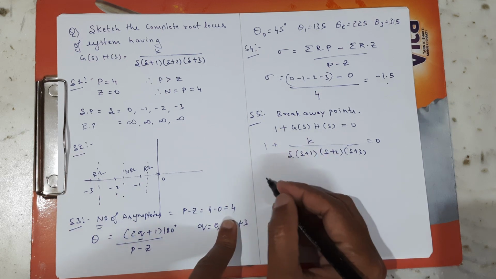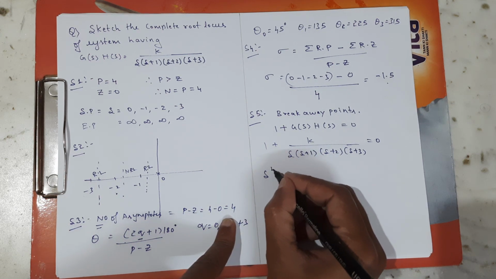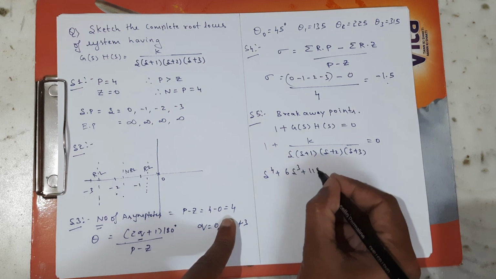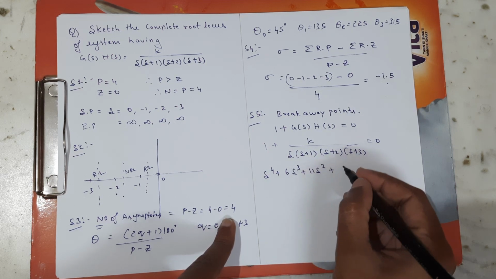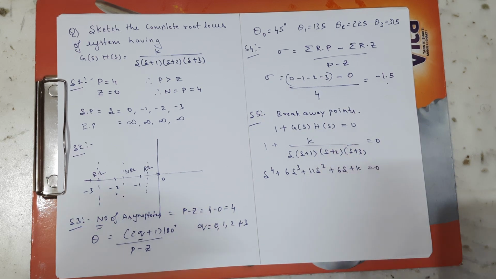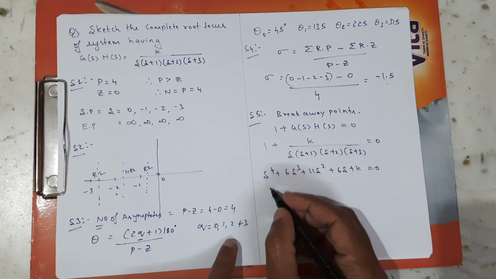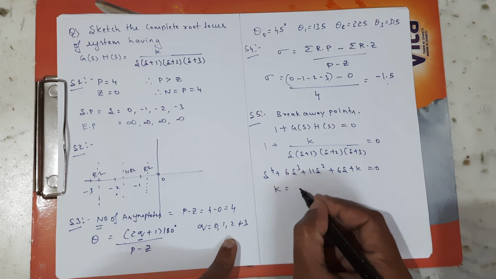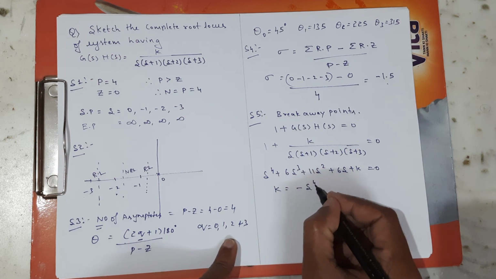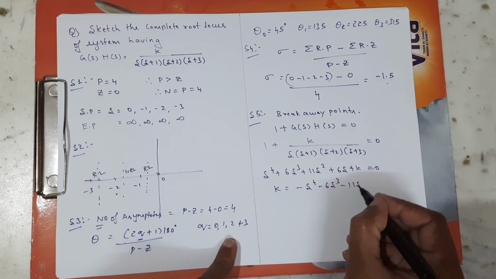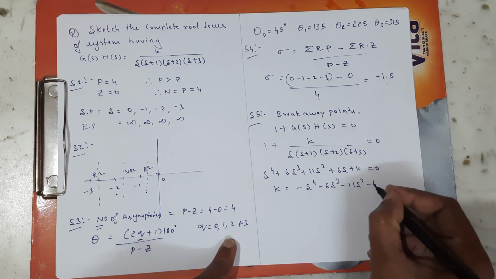After simplifying this, I got s to the power of 4 plus 6s cube plus 11s square plus 6s plus k is equal to 0. So this is the characteristic equation. Now I am going to get the equation for k. K will be equal to minus s to the power of 4 minus 6s cube minus 11s square minus 6s.